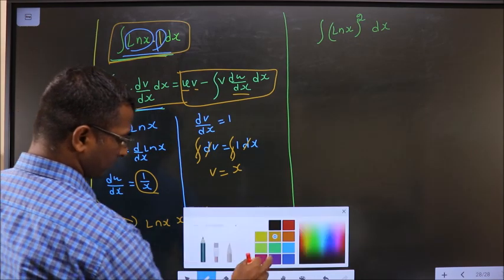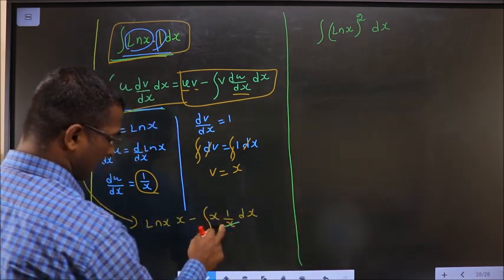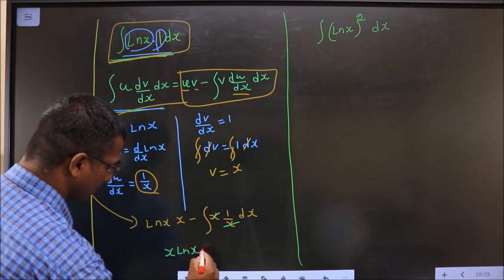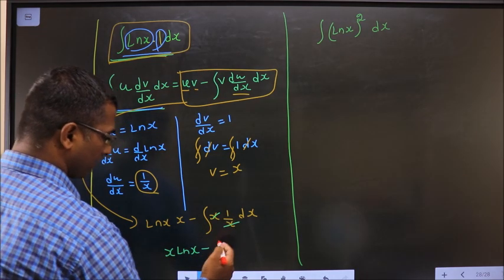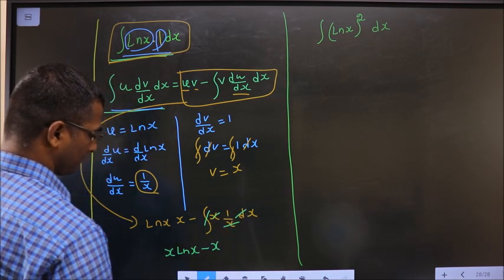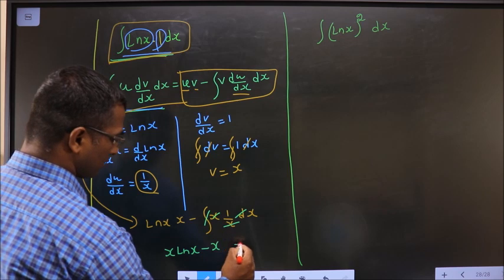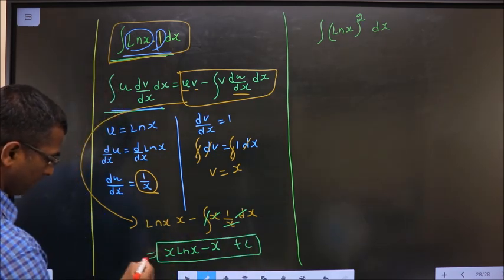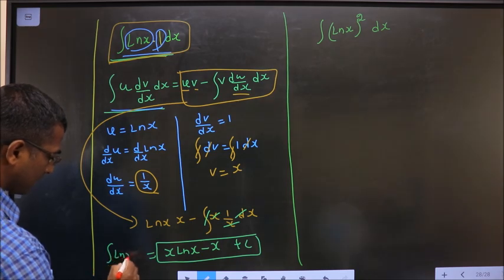So now this cancels out. So here it is x ln x minus integration of 1 dx. This also cancels out, leaving us x. I don't have limits, so plus c. Thus, this is the answer for integration of ln x dx.